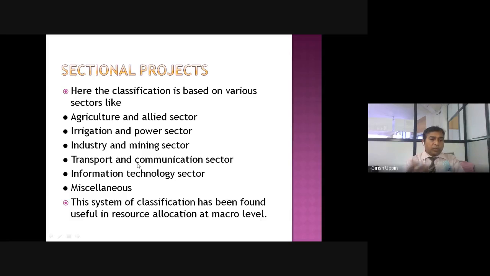For example, any project carried out on a railway line, setting up an airport, setting up a harbor, or anything related to transportation will fall in this. Communication, whether it is mobile communication or any other kind of communication, all those projects fall under the transport and communication sector.